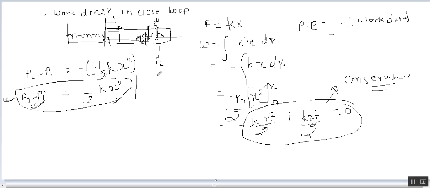First, let's check. I throw a ball from the ground.